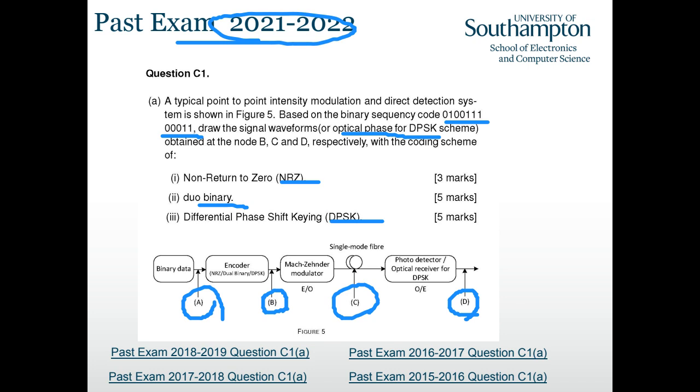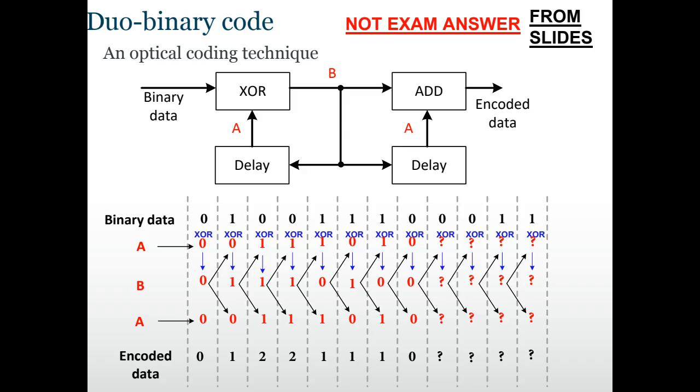Okay, so let's look at dual binary first, because NRZ is the most simple one. We'll just look at it at the end. So for the dual binary encoder, we change the mapping from binary data to encoded data a little bit.